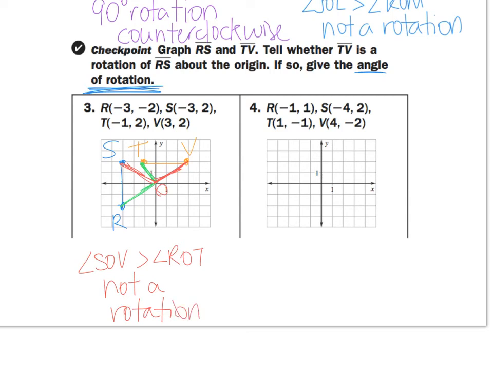Plot (-1, 1). There's RS. Then T, and V. I don't know if it's going to allow me to do this, but this is not right. It should be there.